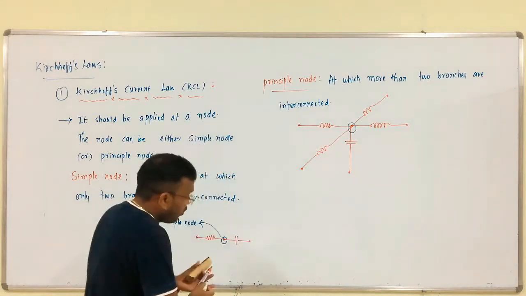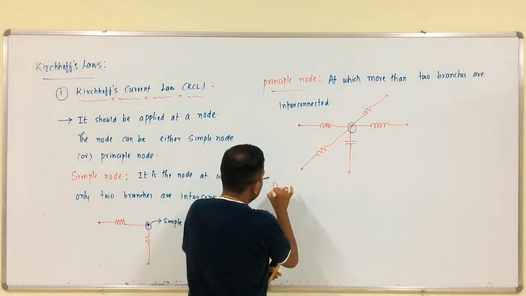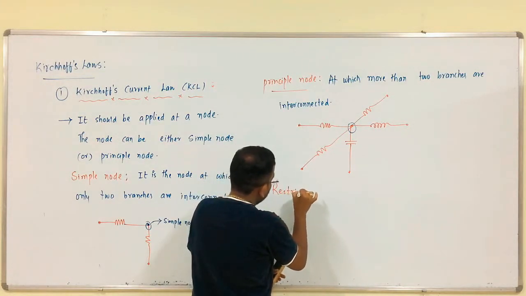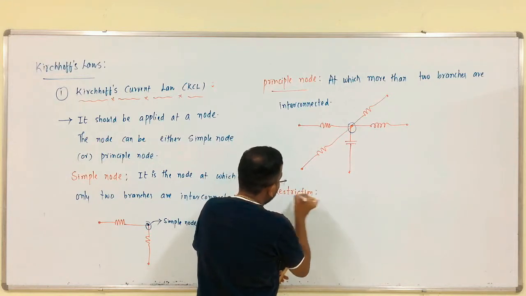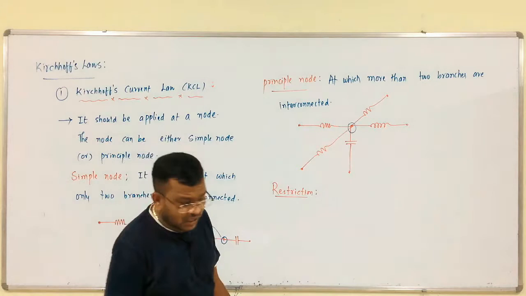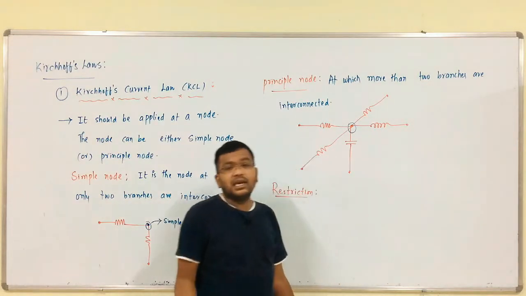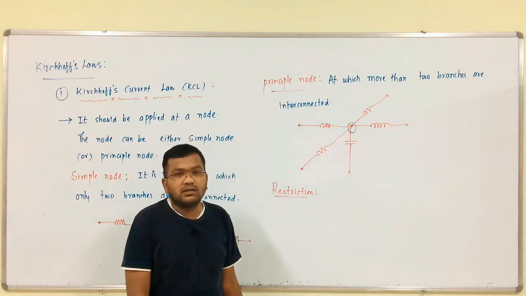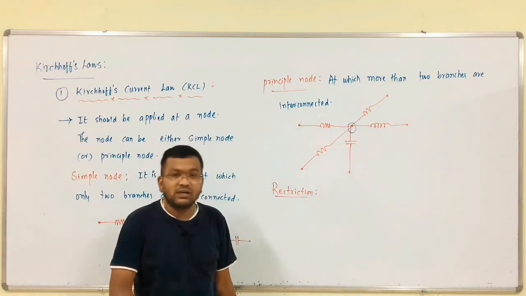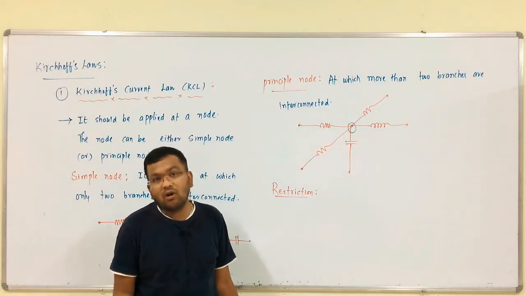Then one more important observation, that is the restriction. What is the restriction to apply KCL? Can we apply KCL to a linear network, passive network, bilateral network, unilateral network, or nonlinear network?